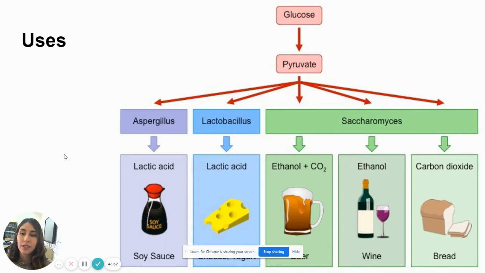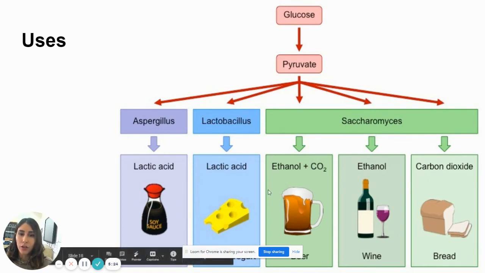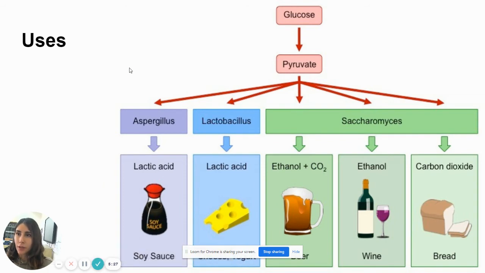Basically, these products are created using fermentation. Notice that for all of them, we are starting with the glucose molecule that gets broken down into pyruvate, which is happening during glycolysis. And then this pyruvate molecule will be used during either lactic acid fermentation, such as for making soy or cheese, or alcohol fermentation, which can be used for bread and other alcoholic beverages.